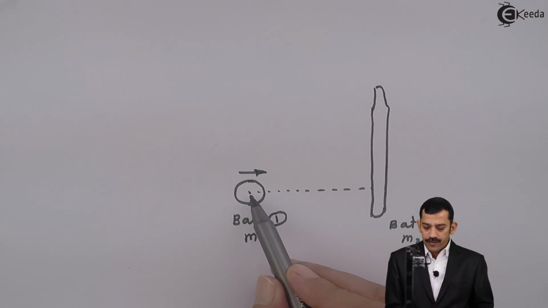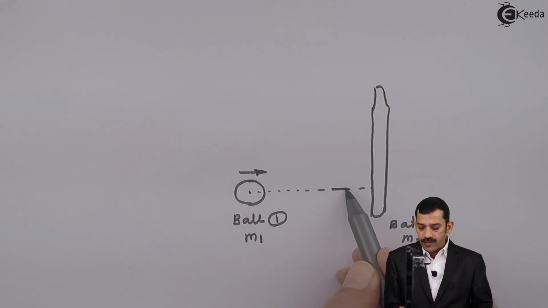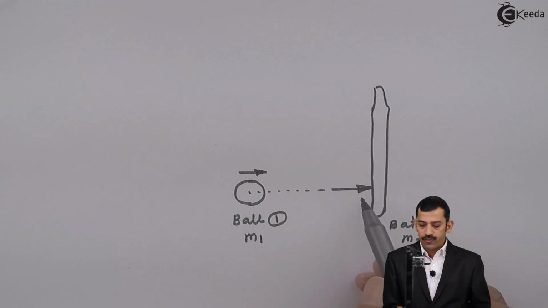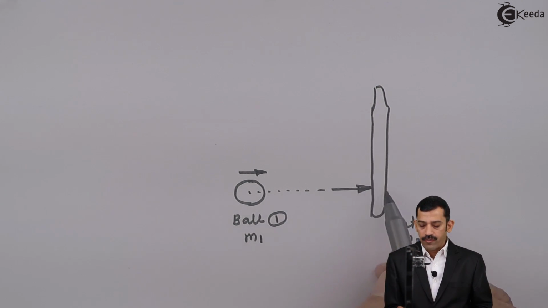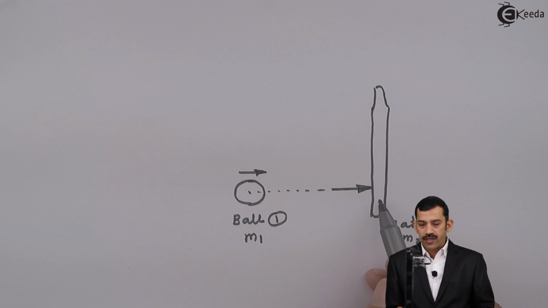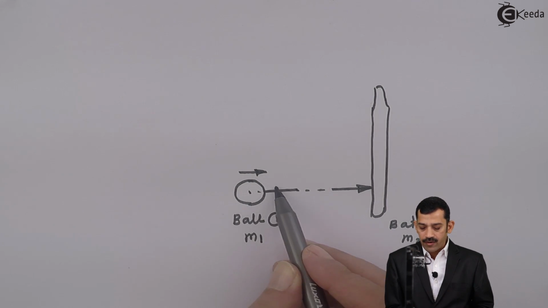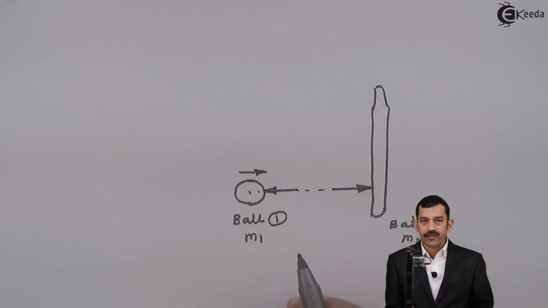That means when this ball strikes the bat, some force is exerted by the ball on the bat. This is the force exerted by the ball on the bat, in the rightward direction. A similar force, the same amount of reaction, is developed by the bat on the ball. That means the force exerted by the bat on the ball is in the leftward direction.